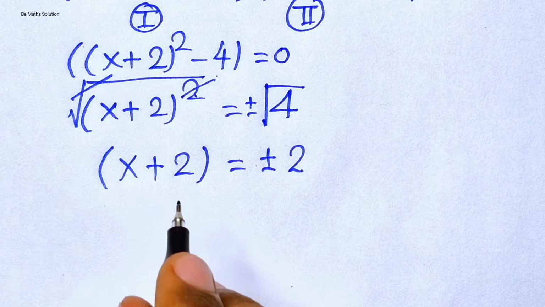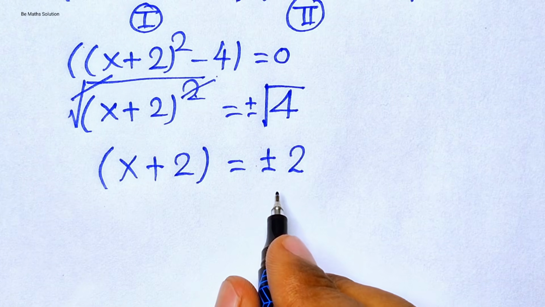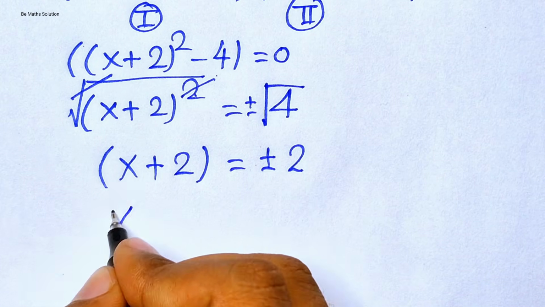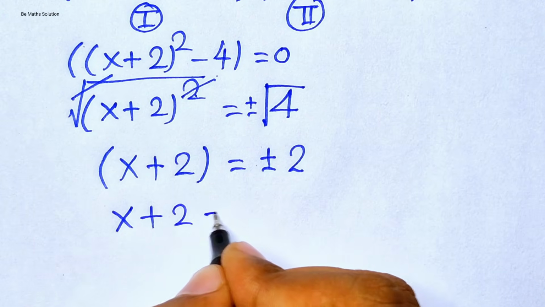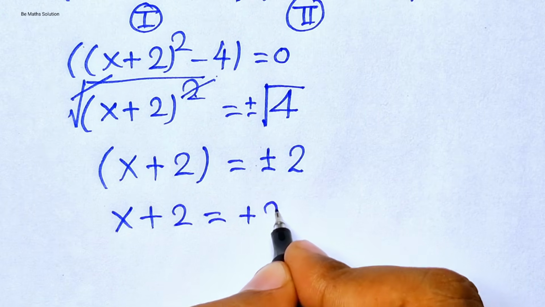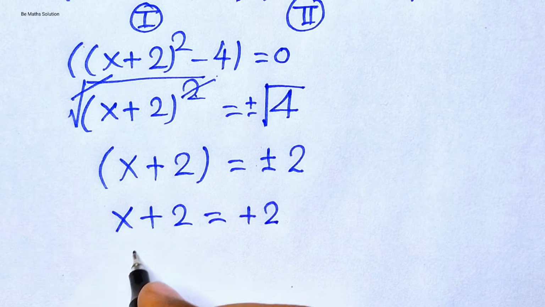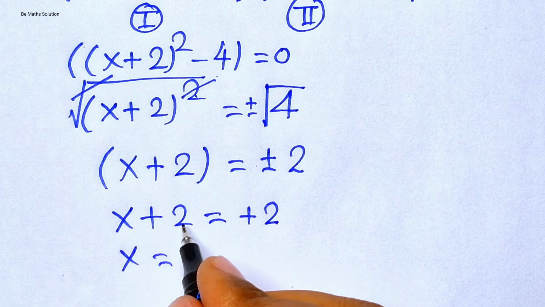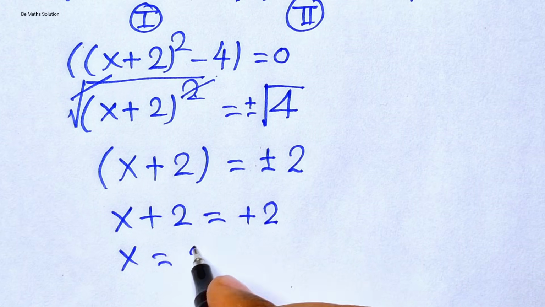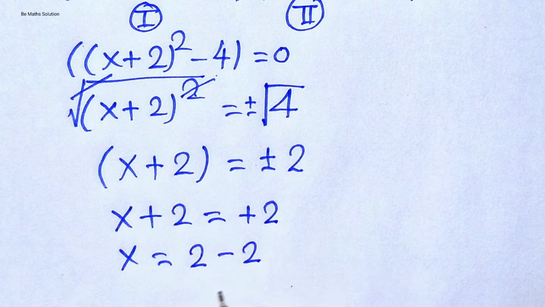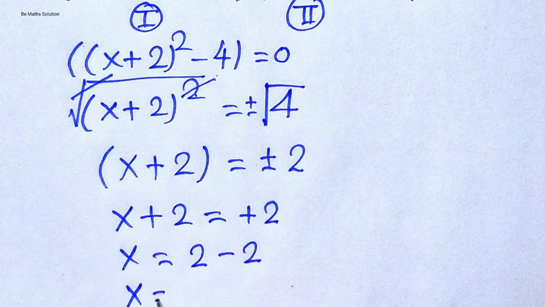Then this gives us two solutions. The first solution: x + 2 is equal to plus 2. So x is equal to, we take 2 to the right side, 2 minus 2, which is 0.